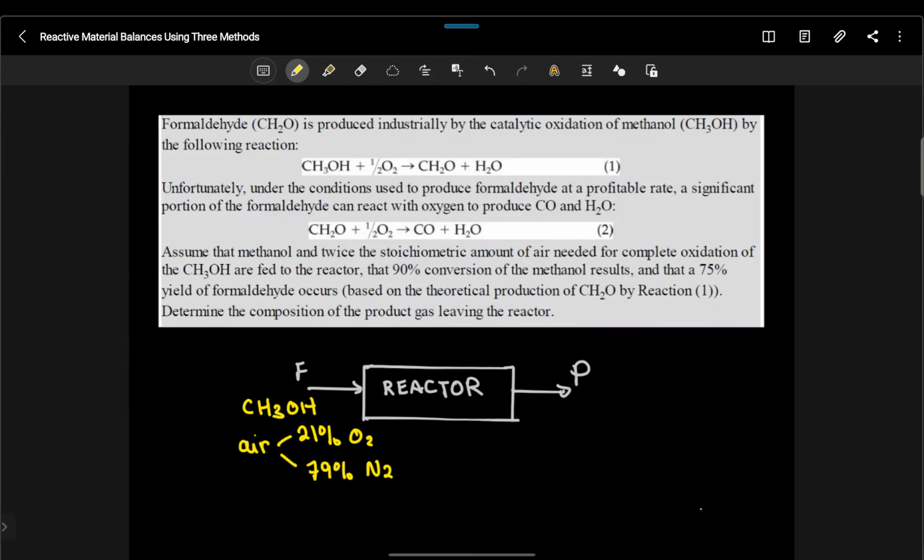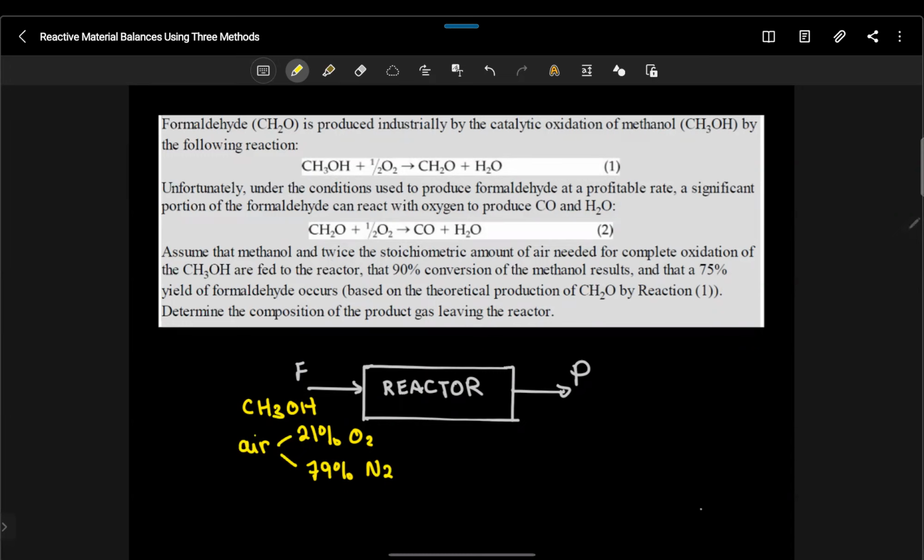Now, yung mga statements na nandito sa problem, mahalaga sila. Let's kind of emphasize them a little bit. So sabi dito, ang finifeed mo sa reactor ay methanol, which I have shown here in the flow sheet, and yung air. Now, sabi dyan, ang air is twice, okay?